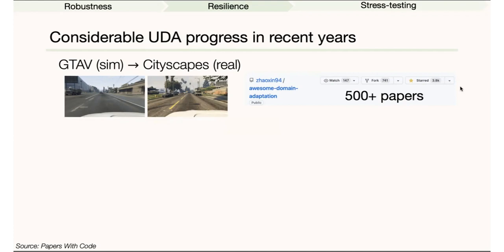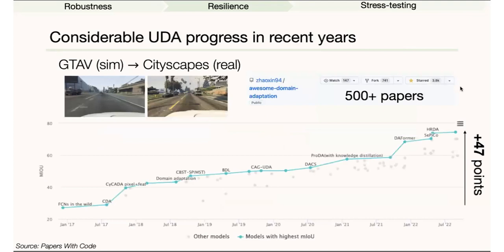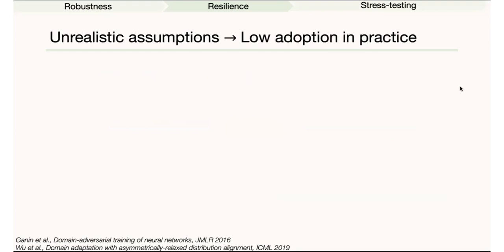For instance, on the GTA5 to Cityscapes benchmark for semantic segmentation, the absolute improvement has been pretty impressive, almost 50 points. But despite that, the actual adoption of unsupervised domain adaptation in, say, industry has been fairly low. And we believe that this largely has to do with some unrealistic assumptions.